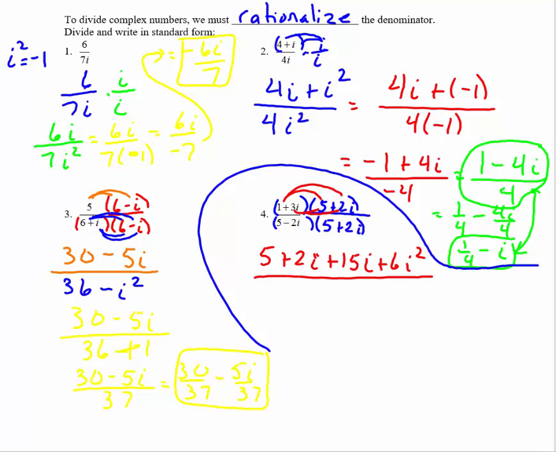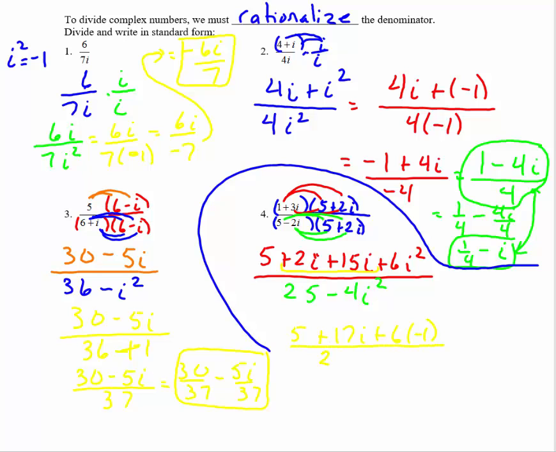In the denominator, 5 times 5 is 25. Outer and inner will cancel each other out. Negative 2i times a positive 2i is a negative 4i squared. So now we'll plug in what we know for i squared, and we'll combine like terms. So on the top we have 5 plus 17i, and we have plus 6 times a negative 1, because i squared is negative 1.